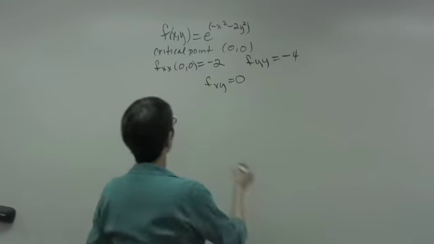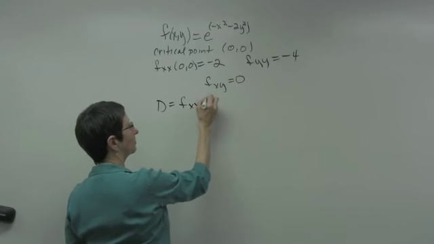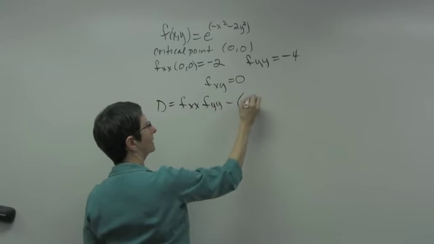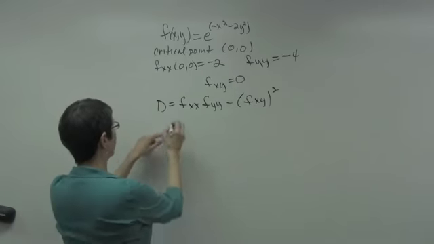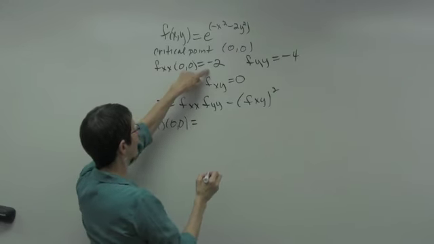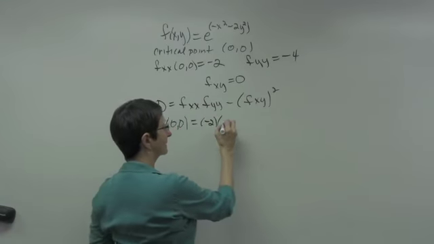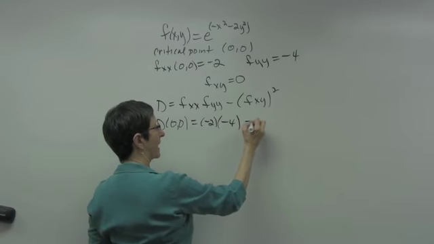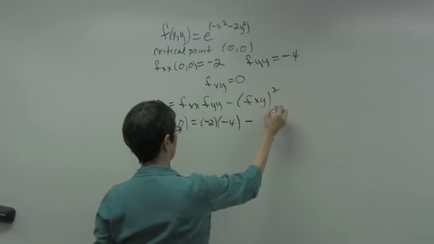Second partials test says D is fxx multiplied by fyy minus fxy squared. So at our particular point, fxx is negative 2, fyy is negative 4, minus, the mixed partial is 0, square it, I still get 0.